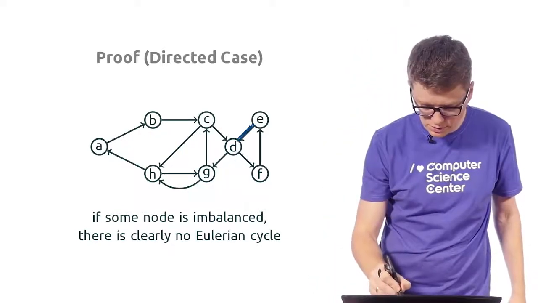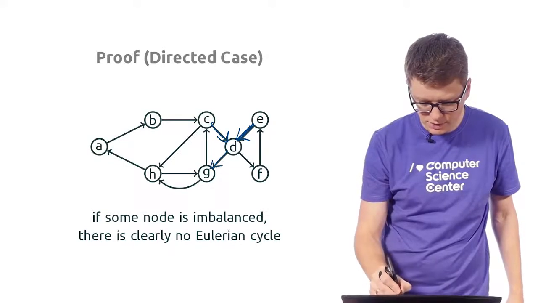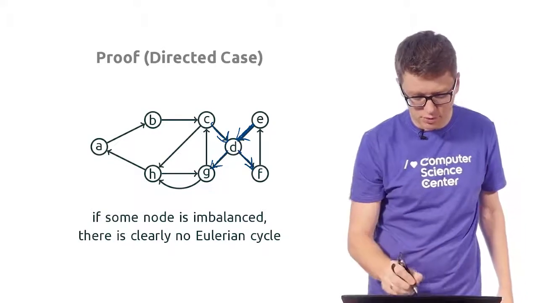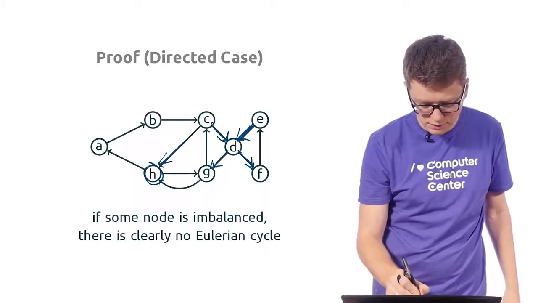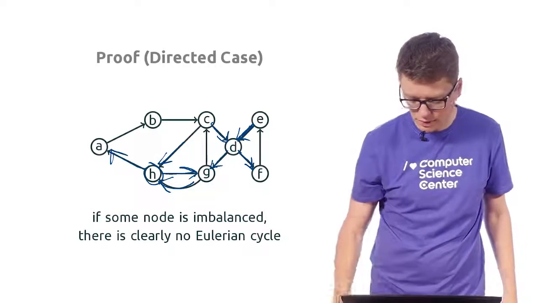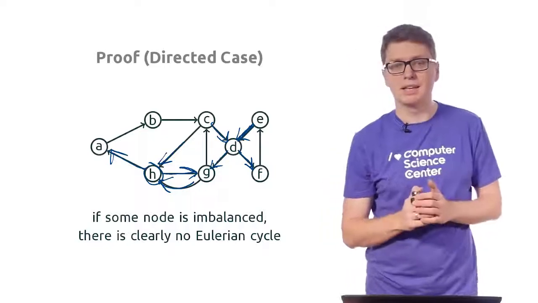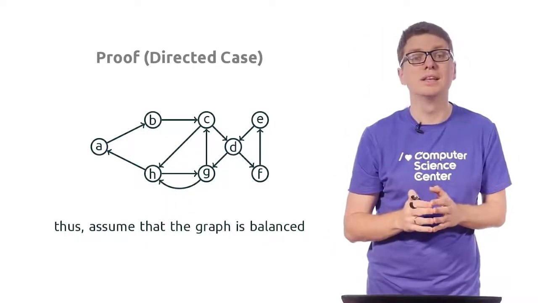So these are two incoming edges and two outgoing edges. Okay? And the same for the vertex H. We have two incoming edges and two outgoing edges. So this graph is balanced, and our goal is to construct an Eulerian cycle in it.